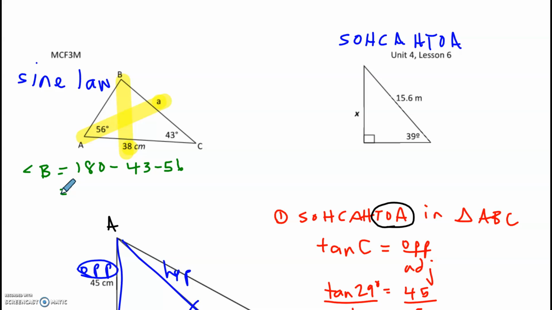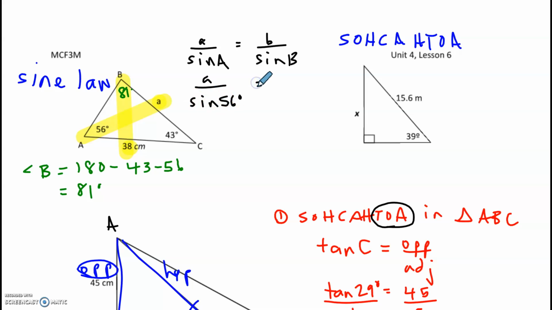So let's go ahead and put that in the calculator. And I get 81 degrees. All right, so now I've got the partnership I need. I'm finding little a, so my formula will start a over sine A equals, and we're using b, so that'll be little b over sine B. Okay, and from here I'll do substitution, so that's a over sine 56 degrees equals 38 over sine 81 degrees.